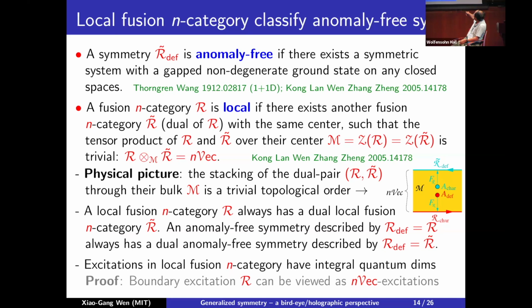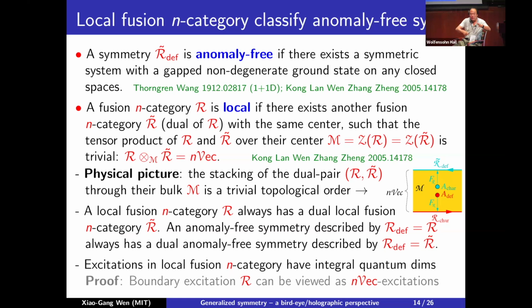Why does this definition look kind of strange? Intuitively, it is the following. We have a fusion n-category. There is a possibility that the excitations in this fusion n-category come from some non-trivial topological order in that dimension. When you have that non-trivial topological order, topological excitations like anyons from it cannot be cancelled by any other boundary.